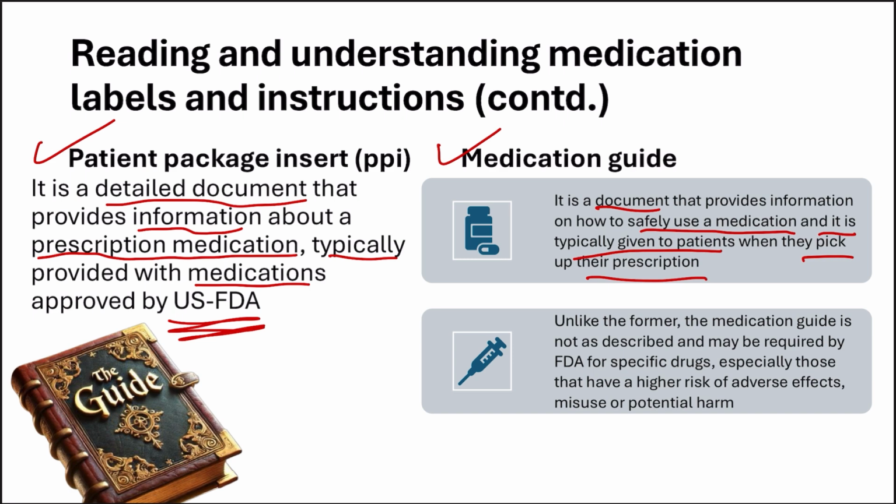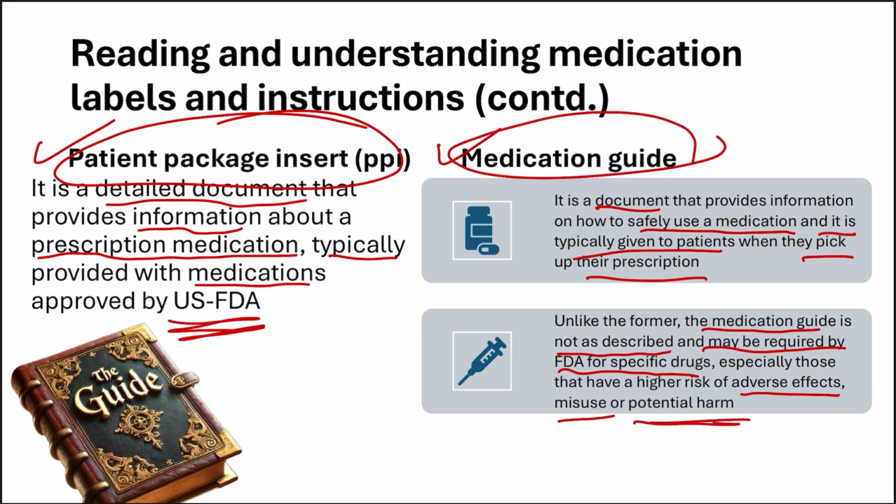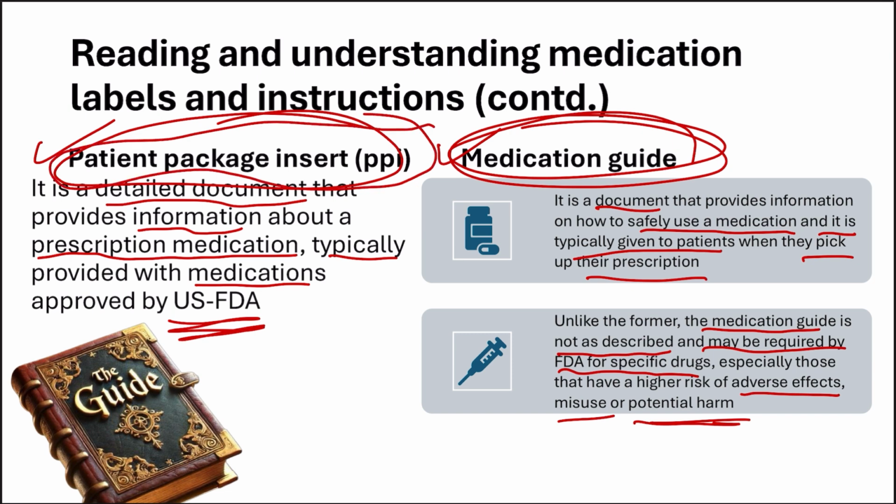Unlike the patient package insert, the medication guide is not as detailed, and may be required only for some specific drugs approved by the FDA, especially those with a high risk of adverse effects, misuse, or potential harm.